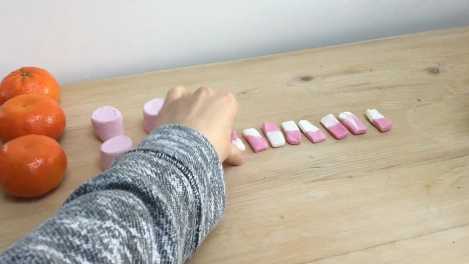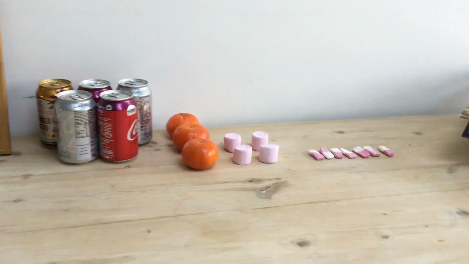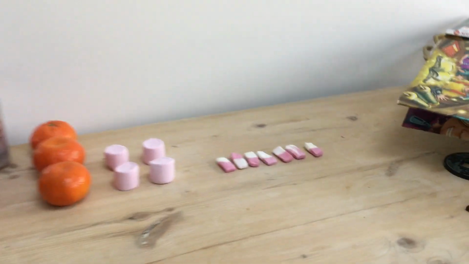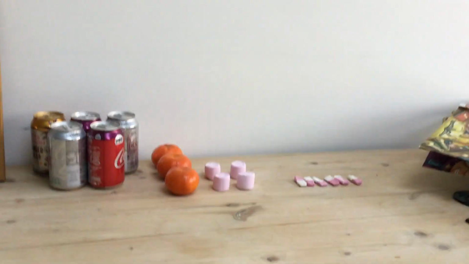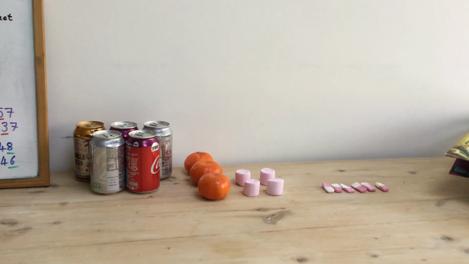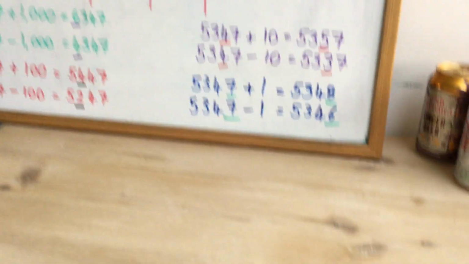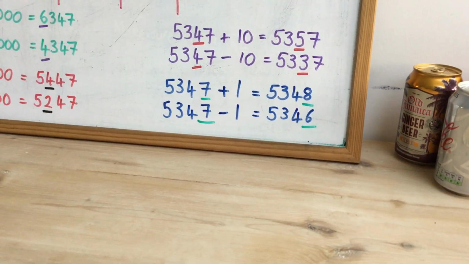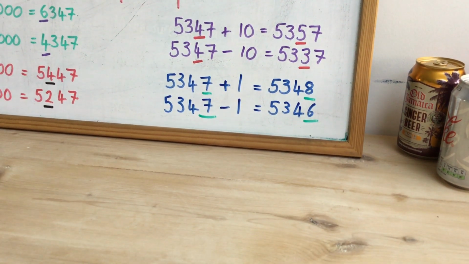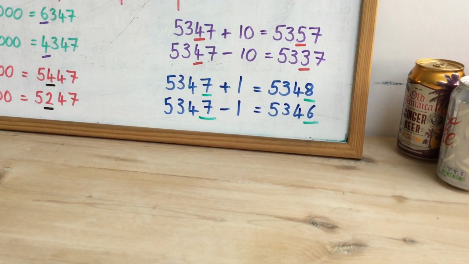If I go back to my original number, I'm now going to take away a 1 or a unit. And my final number I've got there is 5,346, as shown in the final calculation in blue. The units digit has gone down by 1 from 7 to 6.